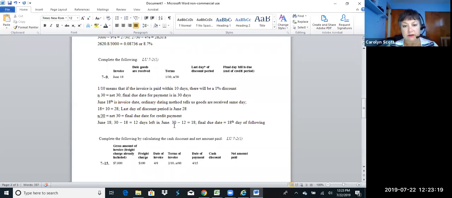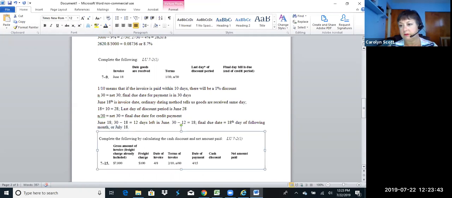So then we take that 30 and we subtract 12, and that means we go 18 days into the following month. So the final due date is the 18th day of the following month, or July 18th.